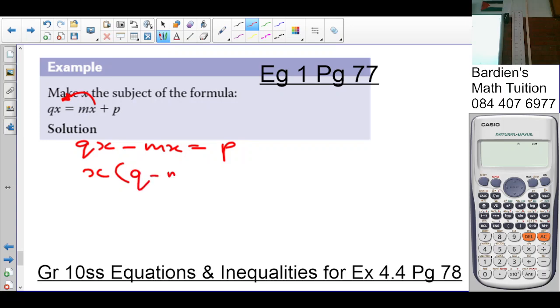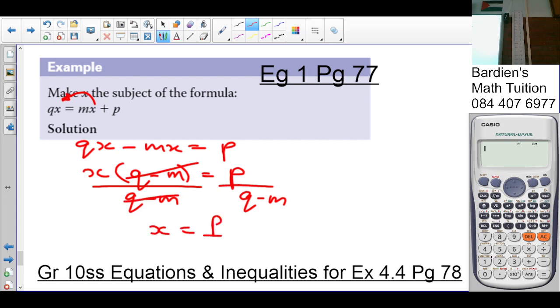Q minus m is equal to p. So what do I do now? How do we get x on its own? Divide by q minus m. Then that's how we'll get x on its own. Can you see that? So that cancels. So x is equal to p over q minus m.